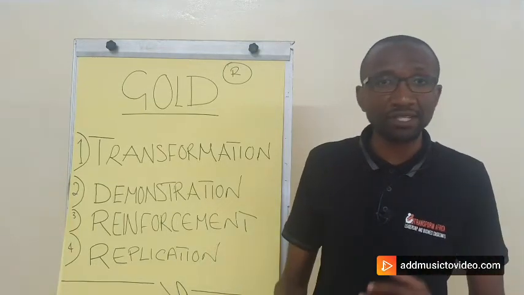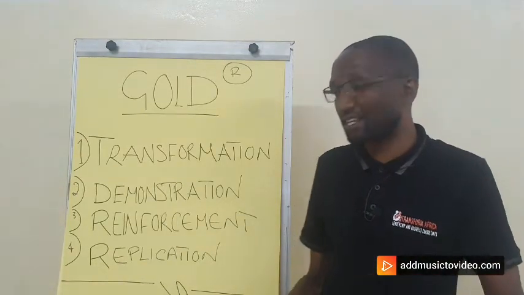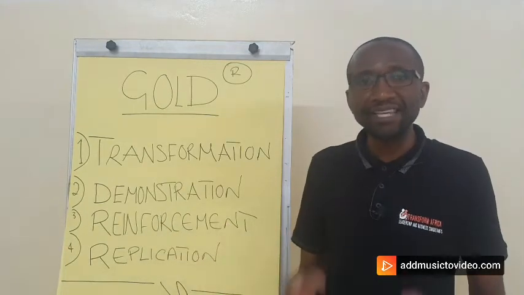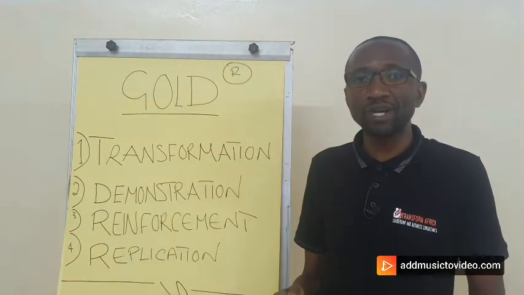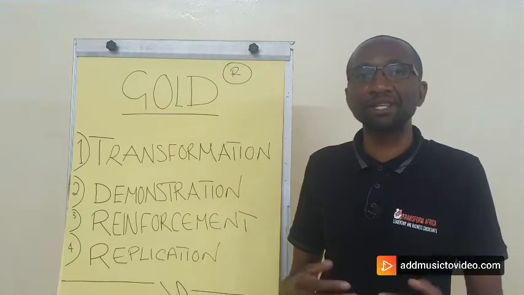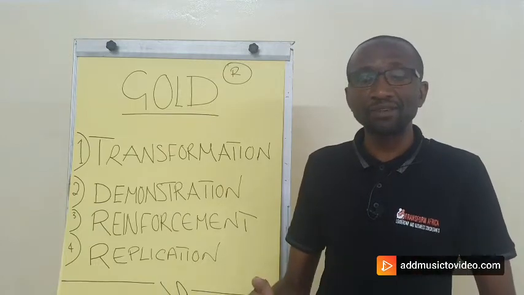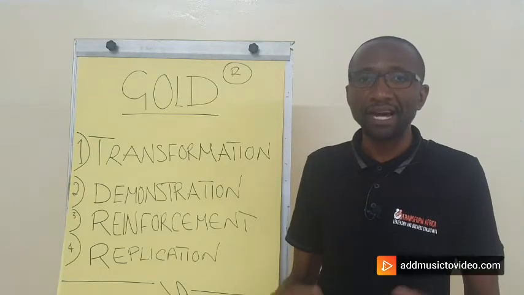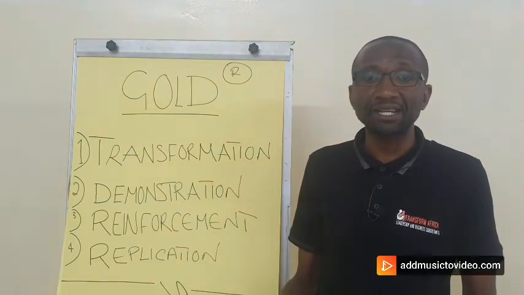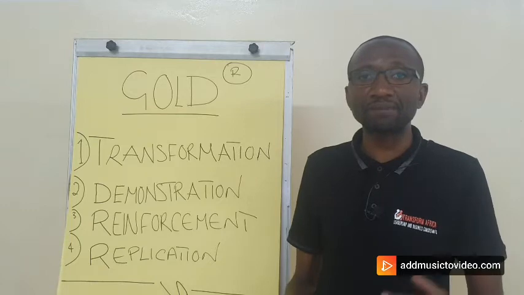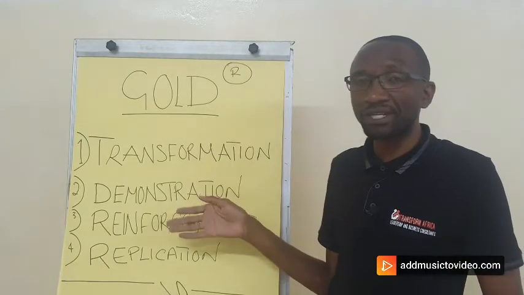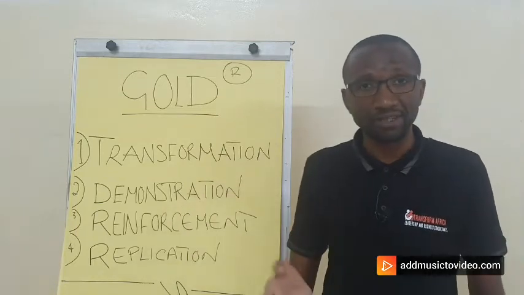Then as that process begins to go, you move to the next stage, which we are calling the measurement stage. Now at this stage, you start measuring the progress of development of your leaders. Now, how do you measure that development? There are a lot of tools on the market which you can use to measure the progress which your leaders are making through the transformation and demonstration process.